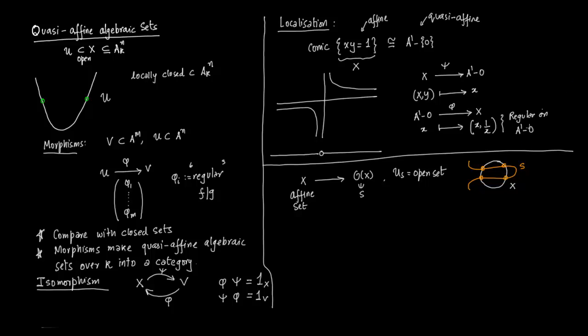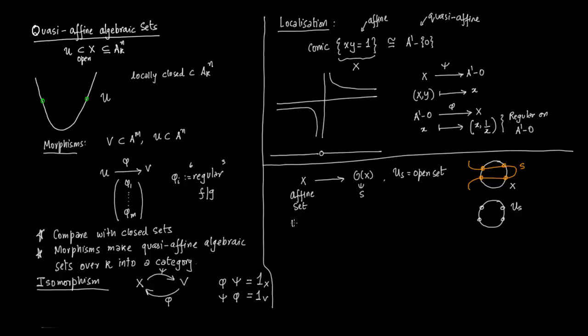Now we'll take these 4 points out of X and we get an open set. So let us draw the open set right under it. You have 4 points missing in it. So from X you have taken a finite number of points out and you call it U_S. You can see why we call it U_S, because it is precisely determined by the polynomial S and X.